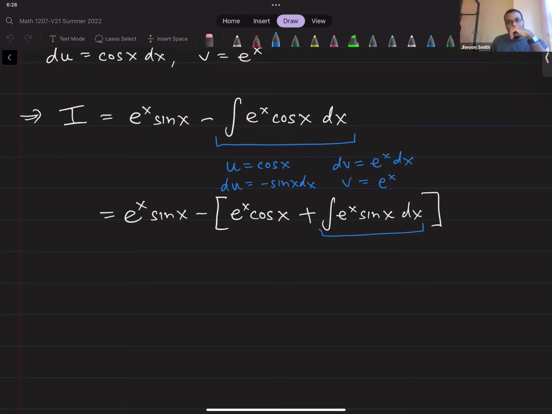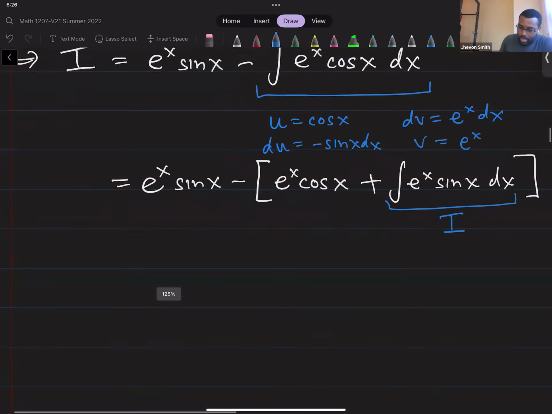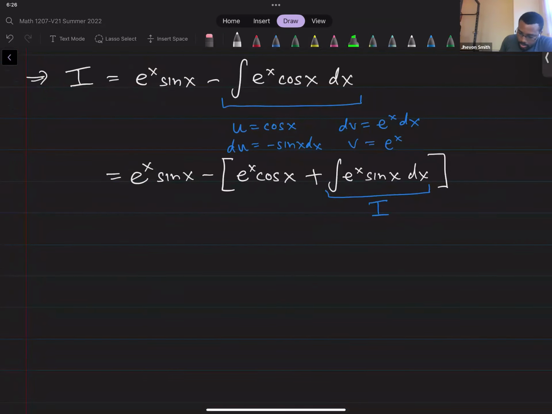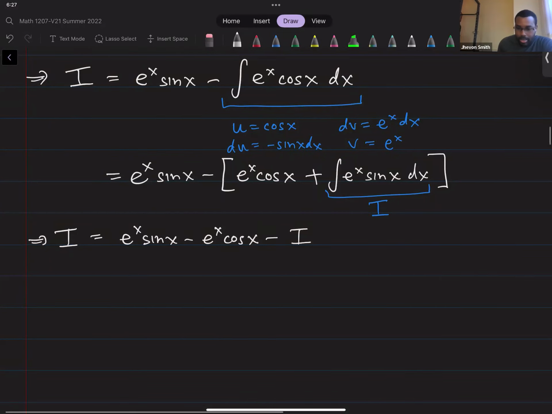Just move it to the left and you can solve for the original integral. Yeah, that's the way out. You see, this is the original integral. This here is the I. So it turns out now it's just an equation. So what I have is I equals e to the x sine x minus e to the x cosine x minus I, right?